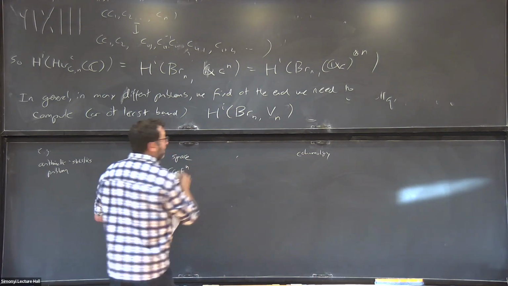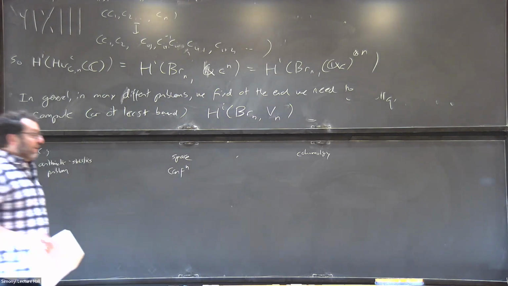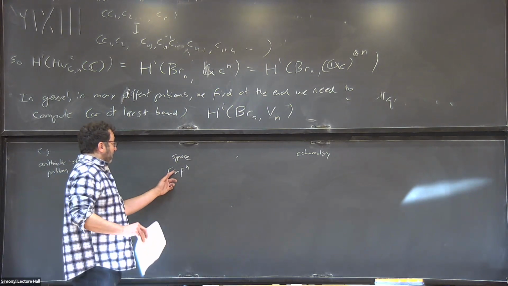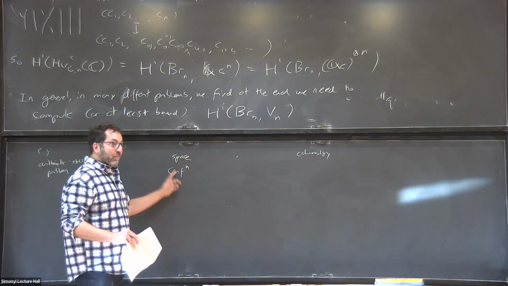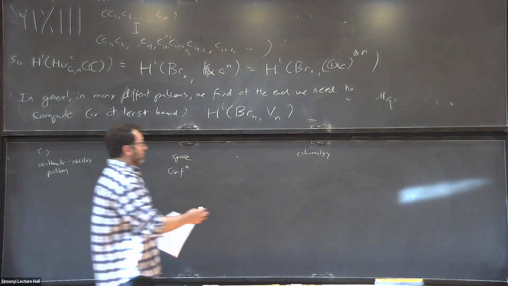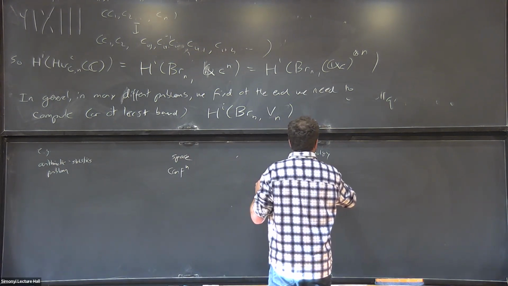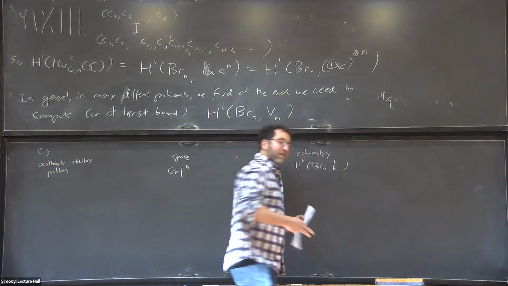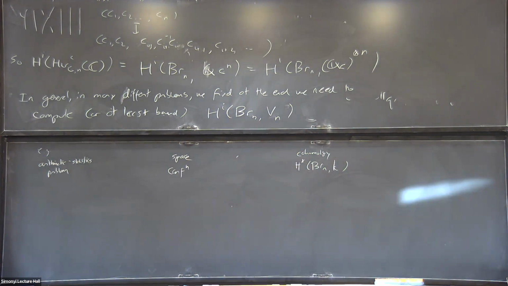So the basic example is if we study the configuration space itself. The configuration space is a K(π,1) for the braid group, so this is just the trivial representation. This is just computing the cohomology of the braid group with constant coefficients, and this is what Arnold did long ago.